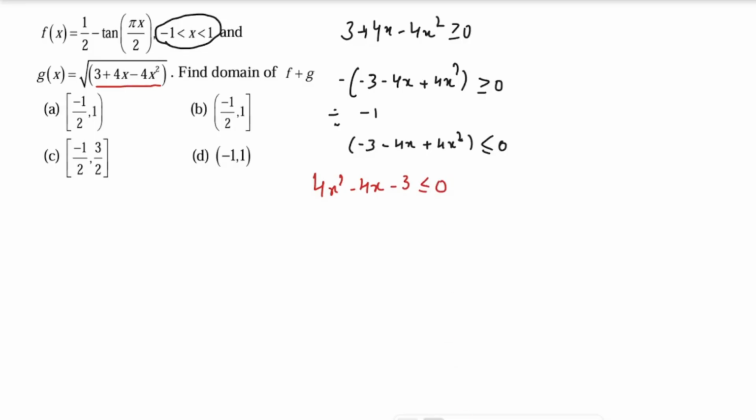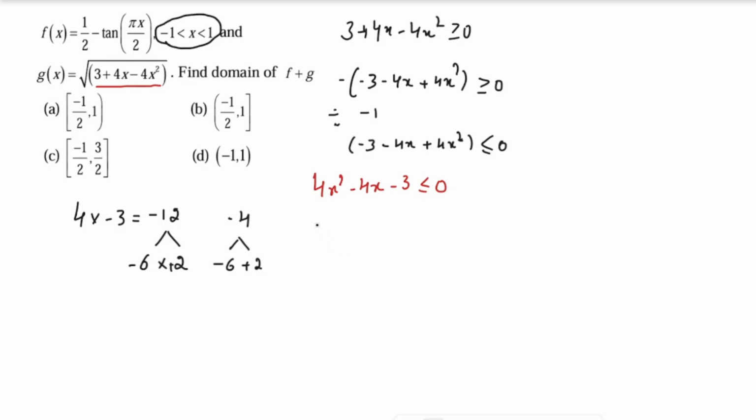Since it is a quadratic equation, we'll solve by using factorization. The coefficient of x square is 4 and the last term is minus 3, so 4 threes are minus 12. The middle term is minus 4, so let us multiply 6 into 2, and to get minus 4 we take minus 6 and plus 2.